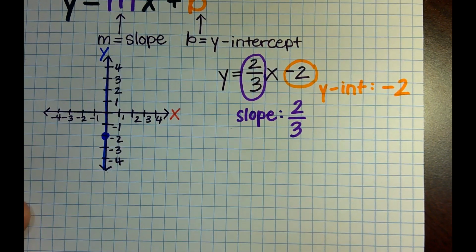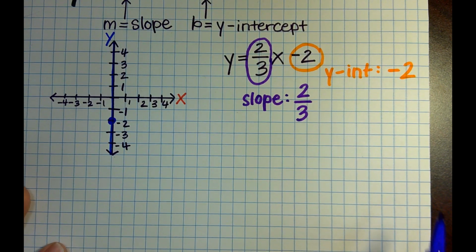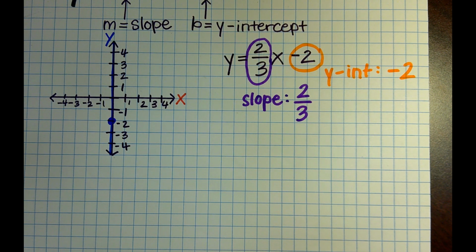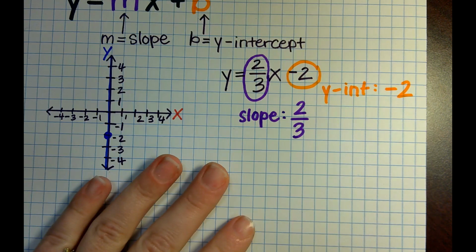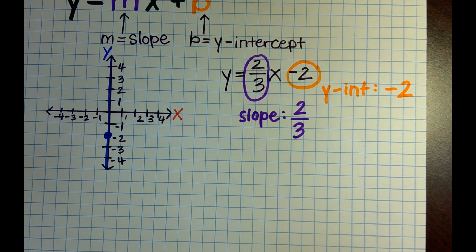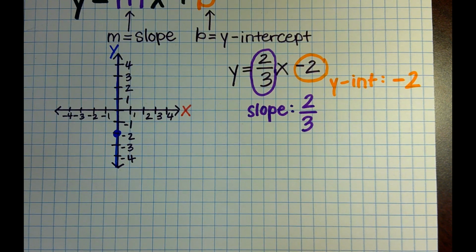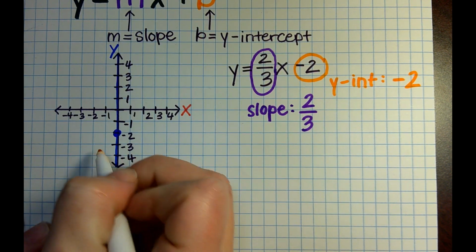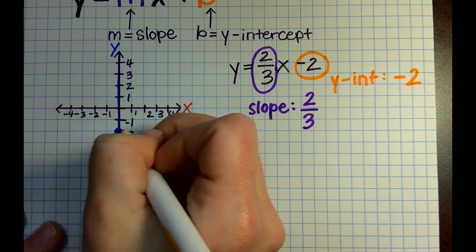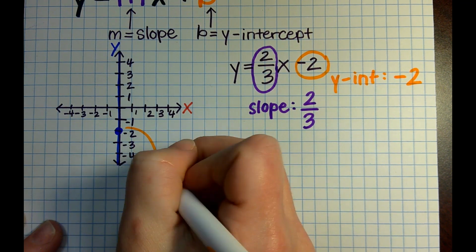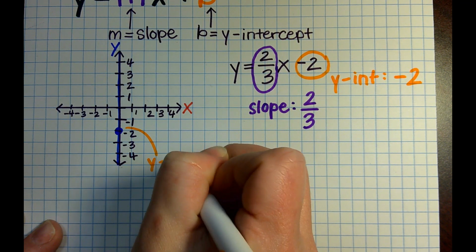Off to the side here, actually I'm thinking ahead in my brain. Ignore me. We're going to continue, and then I'll give you what I was about to give you. Okay, so we just plotted a y-intercept. If you find this helpful, maybe we can label it as the y-intercept.